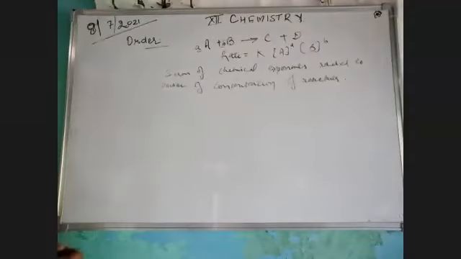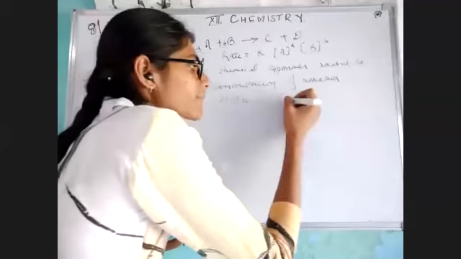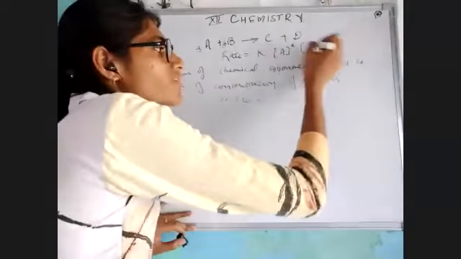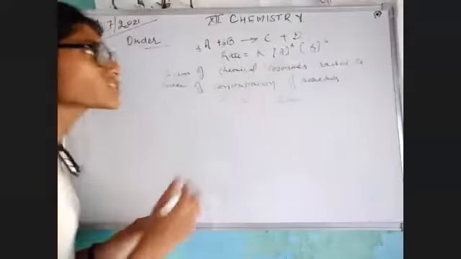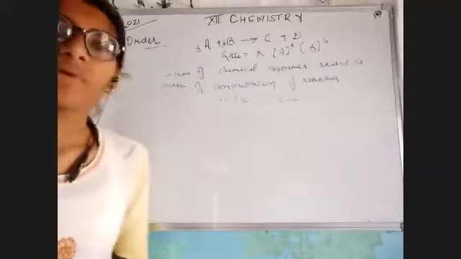That means order is equal to a plus b. The sum of the exponents, or the powers to which the concentration of the reactant is raised, is known as order.